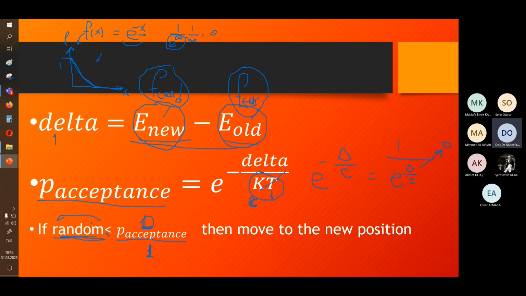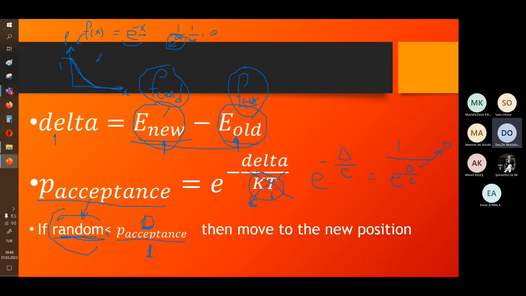Therefore, regardless of temperature, if the new solution is almost as good as the current one, the difference is very small, then acceptance of this bad solution is almost certain. We will be accepting it. Whichever random value we throw between 0 and 1 will be less than the acceptance threshold, so it will be accepted.